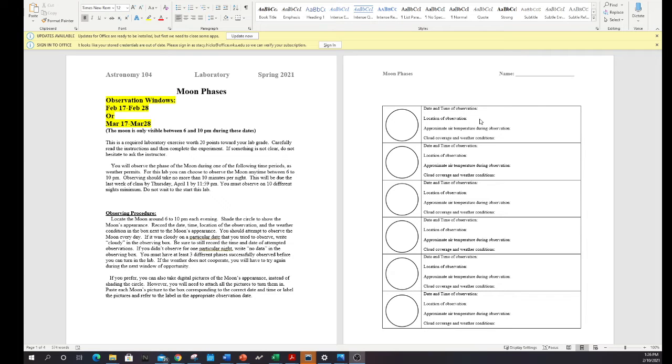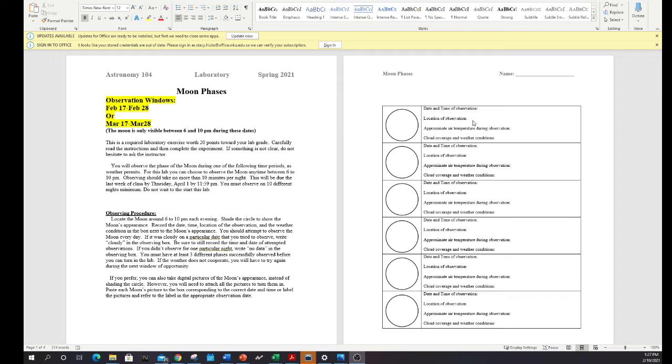So in astronomy, whenever we do an observation, there's some very important information that we have to log with every observation, right? So the date and the time that you are making the observation, the location of your observation.